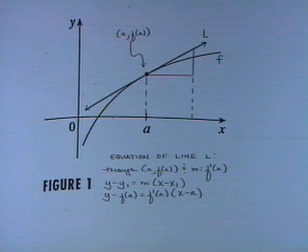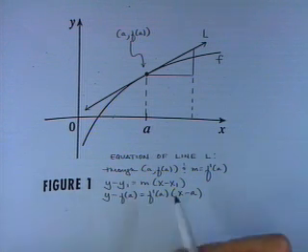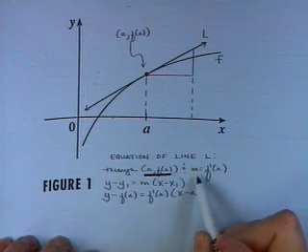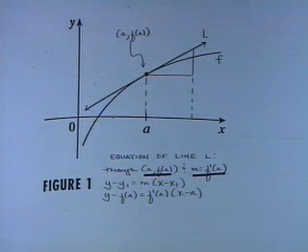Now, if I want the equation of line L, I want it to go through this point of tangency, and I want it to have what slope? Well, what is the slope? If you listen to my question, it answers itself. What is the slope of the line that's tangent to the curve? It's the slope of the tangent, which is the derivative, right?